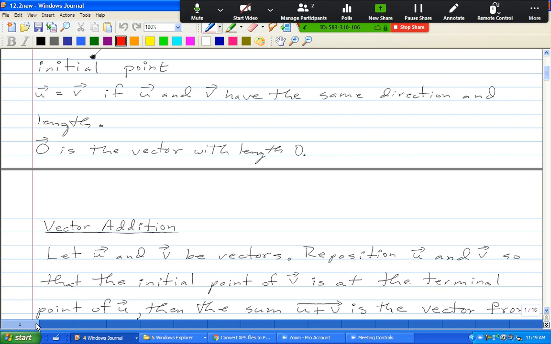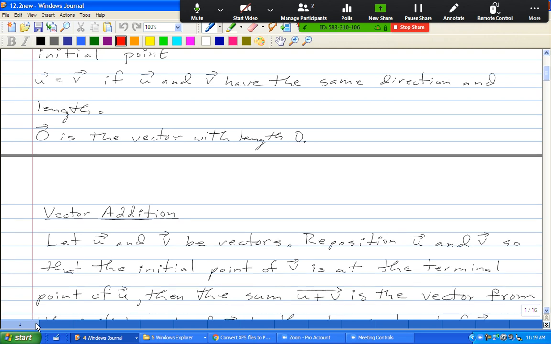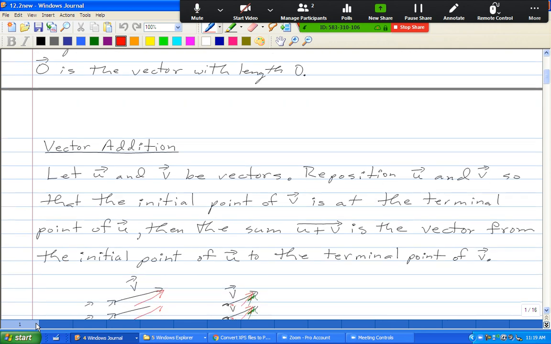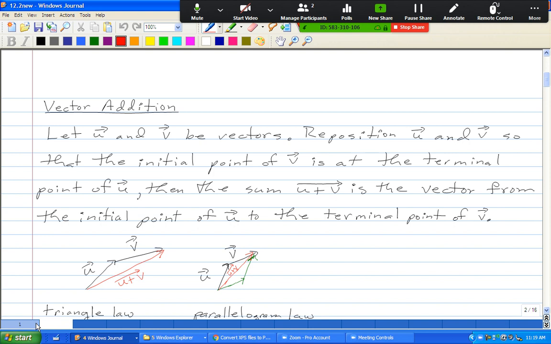Then the sum u plus v is the vector from the initial point of u to the terminal point of v. We can think of this visually as follows. I have here a vector u and a vector v. Then starting at the initial point for u, we have the initial point of the vector u plus v.